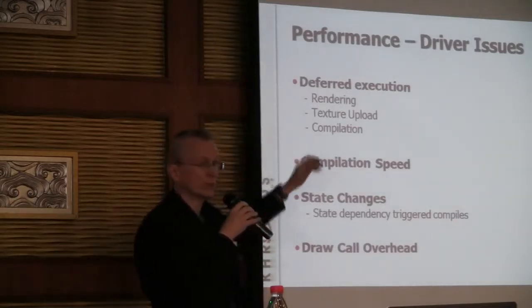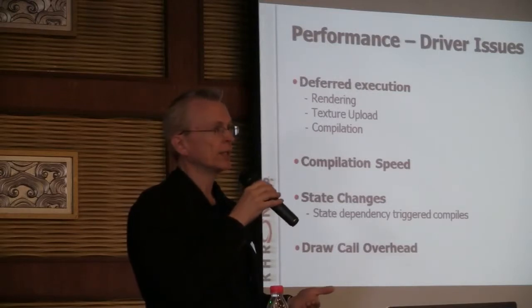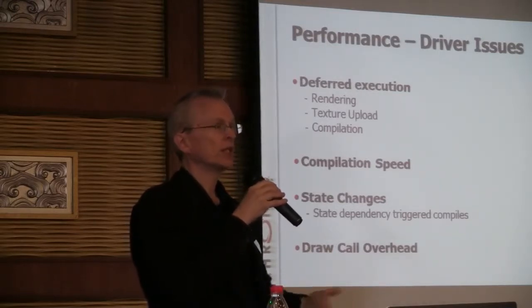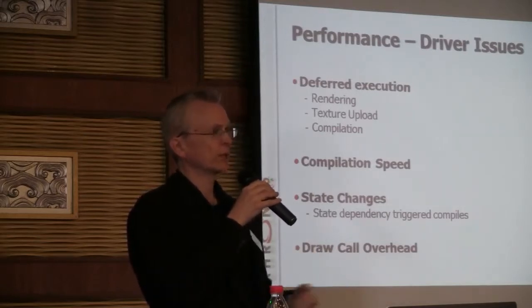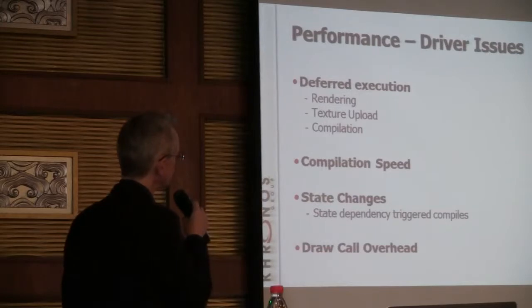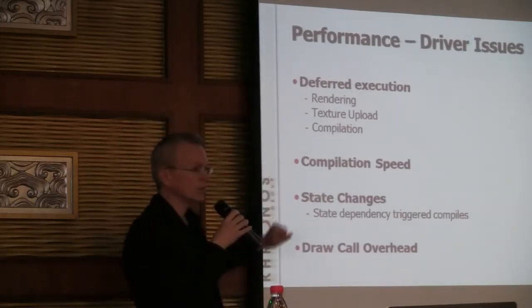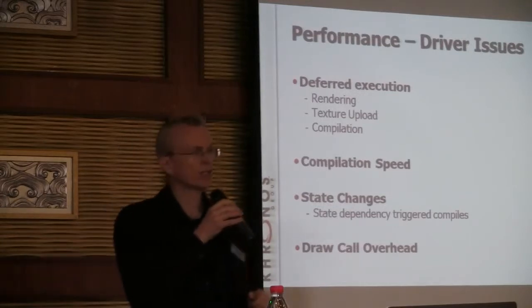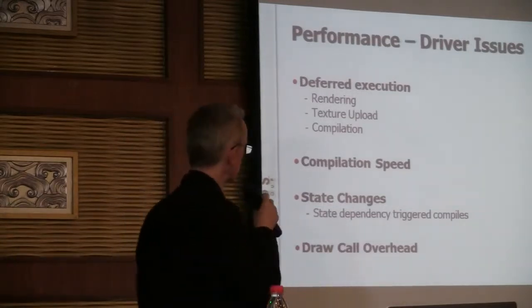When you deliver a shader program to the API and say, please compile this, it may compile it when you ask for it, or it may compile it later when it believes you are not busy, or the CPU is not busy. Other driver issues, among the implementations of OpenGL ES, some have very fast compilers, some have quite slow compilers.